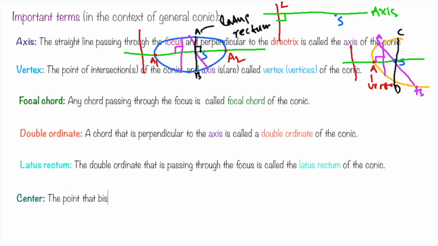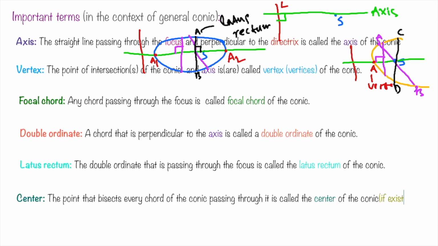Next, center. The point that bisects every chord of the conic passing through it is called center of the conic, if it exists. For some conic, the center may not make sense. For example, for a parabola, center does not make sense, but for ellipse and hyperbola, center makes sense. For example, if I take an ellipse, this is the axis. Let us say vertex 1, vertex 2.